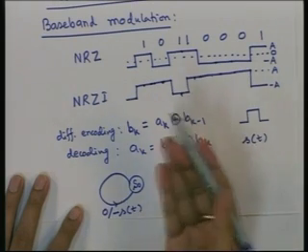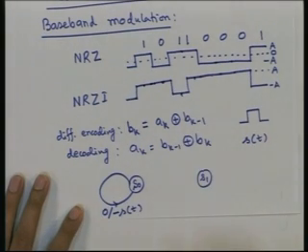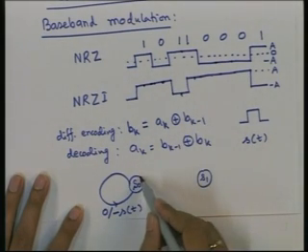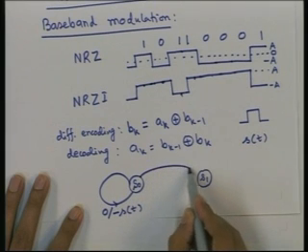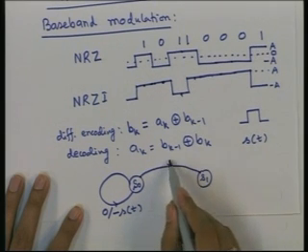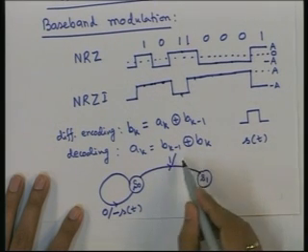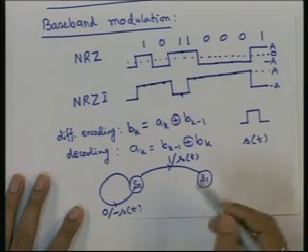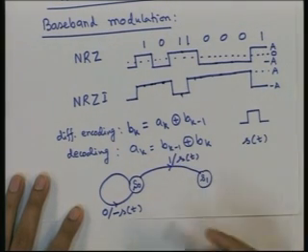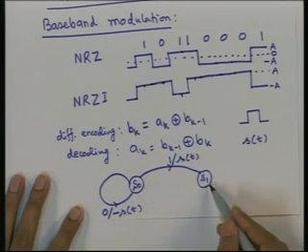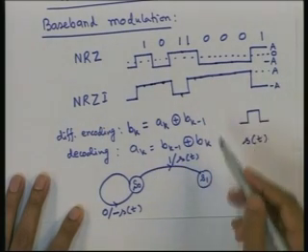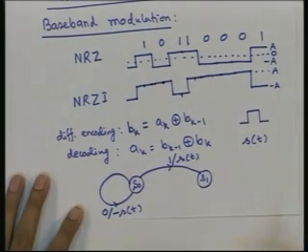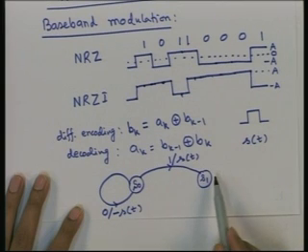It will remain in the negative state. If it wants to transmit 1, then it will transmit st, that is the positive level, but then it will go to the next state, because for the next time slot it will be in the higher state. So the state is changing, it is coming to S1 state.